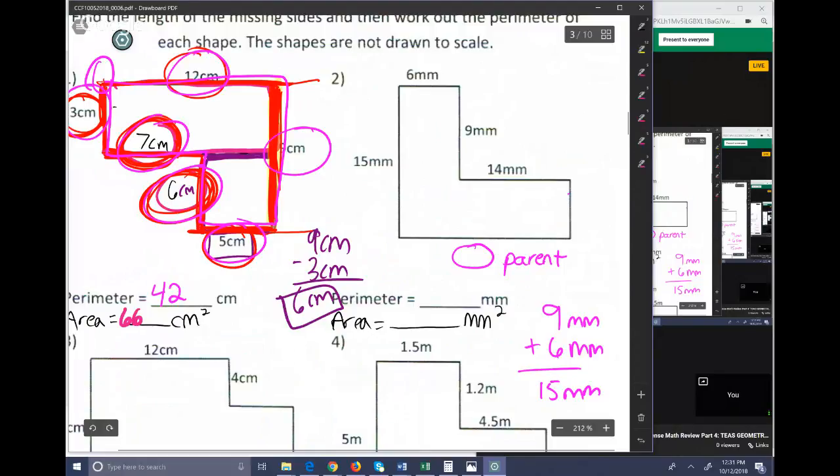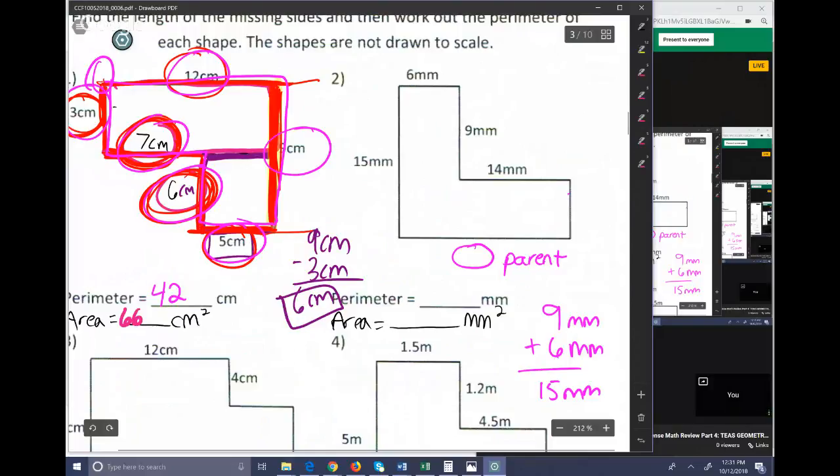For some reason, it's not letting me write. We are going to need, let's see. Well, my pen is frozen. So we're going to need the 6 millimeter, visualize with me because my pen is suddenly not working. So we're going to need the 6 millimeter side, which is the little one, and we're going to need the 14 millimeter side, which is the bigger one. And again, those are the only two that are moving horizontally.